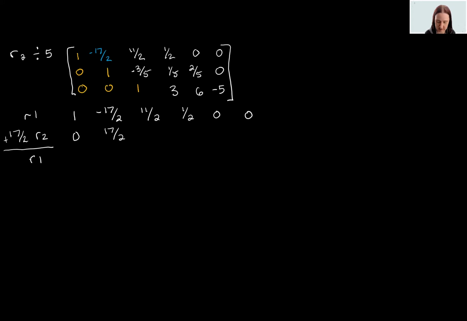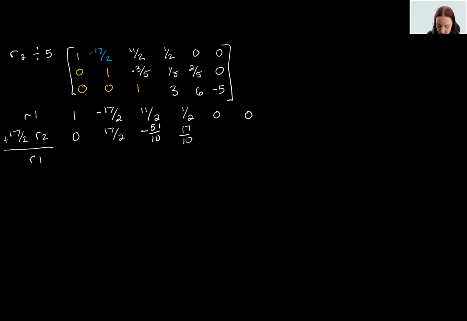So I have -3 fifths times 17 over 2. So it's negative 51 over 10. Then I have 1/5 times 17 over 2, 17 over 10.